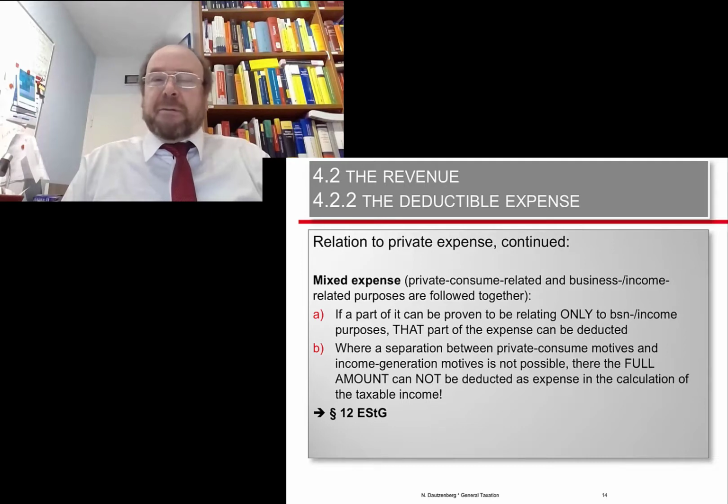Now, one could probably say, yeah, okay. But if you compare that aspect with the income-related aspects of the whole expense, that's rather unimportant, absolutely immaterial.